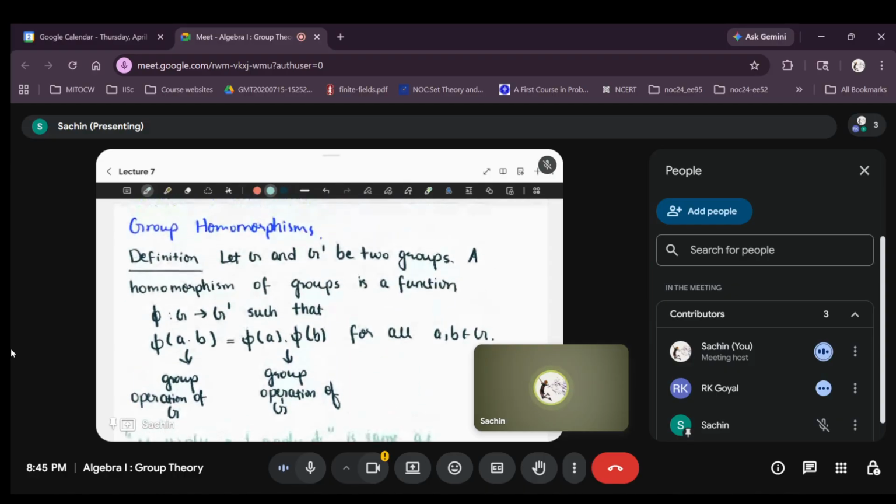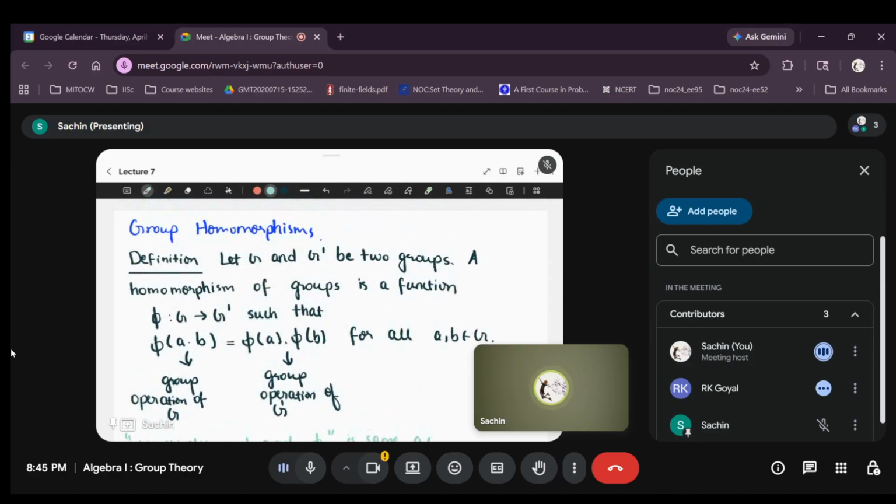This is not a very formal definition, but you can understand the meaning, right? Well, you can say it is a homomorphism from G to G prime. That is also fine.